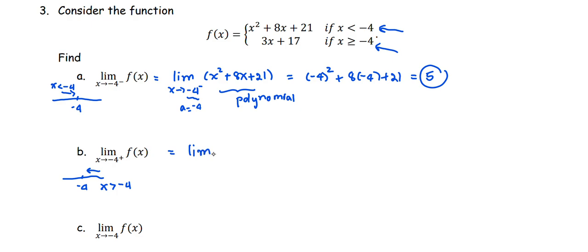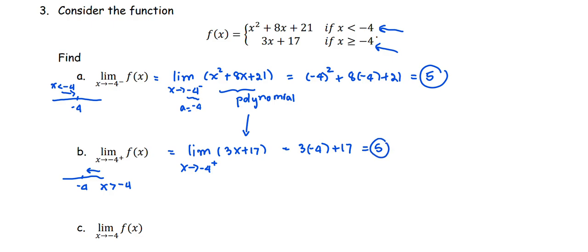So we can find the limit of the function 3x plus 17 as x approaches -4 from the right. Same thing, if the function is polynomial, the limit is the same as the function value, where a is -4. So we can calculate 3 times -4 plus 17, and it turns out to be 5.